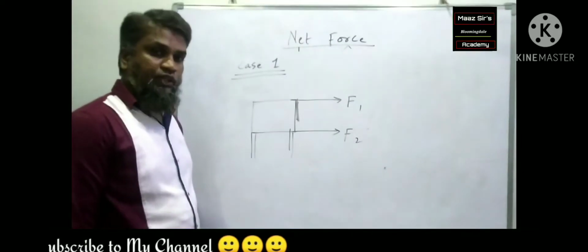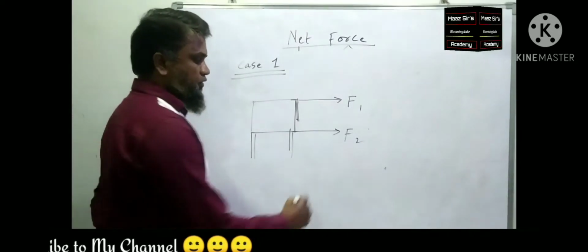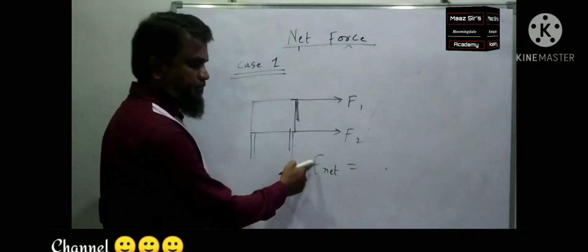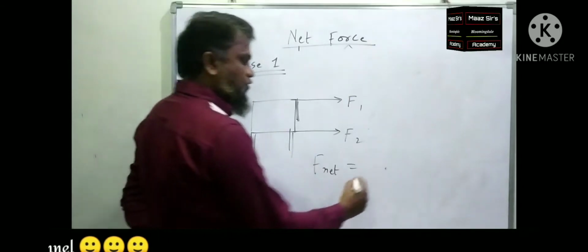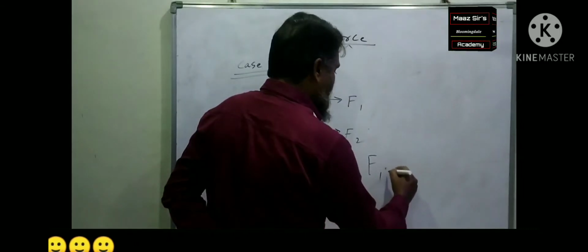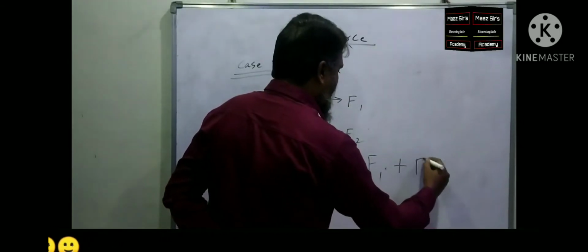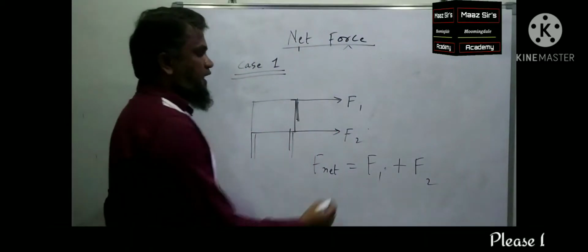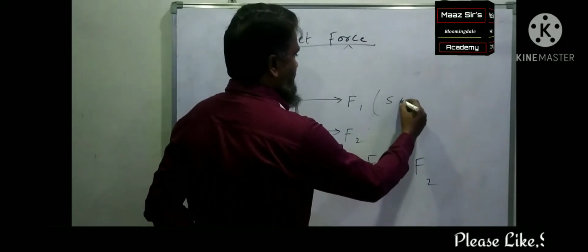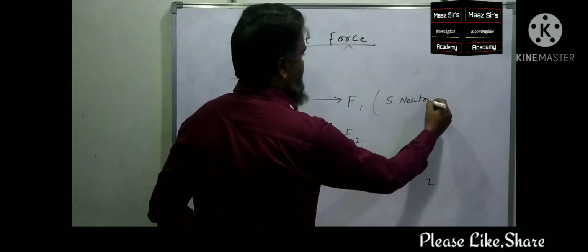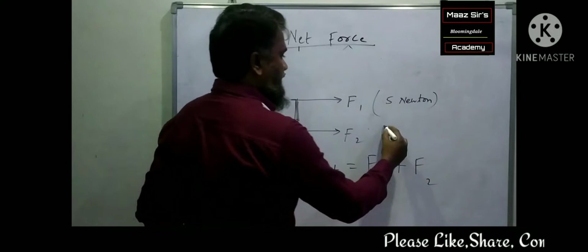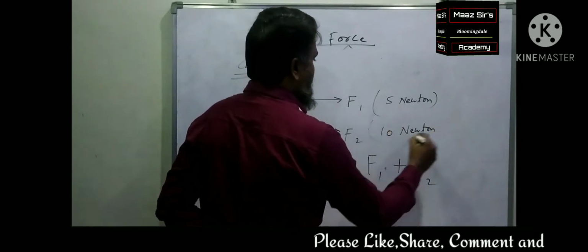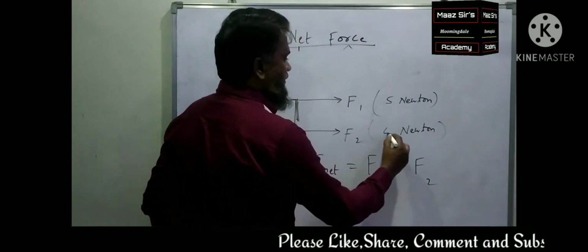Now we have to calculate the net force. Net force is represented by F net. We find the net force by adding F1 and F2. Let us take F1 as 5 Newton and F2 as 5 Newton.